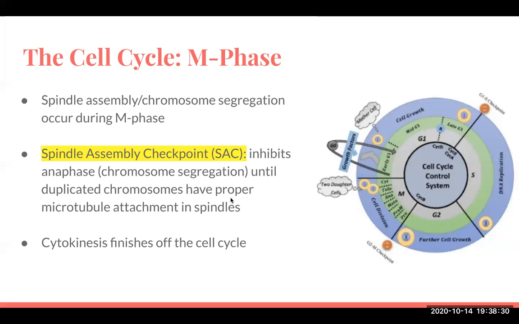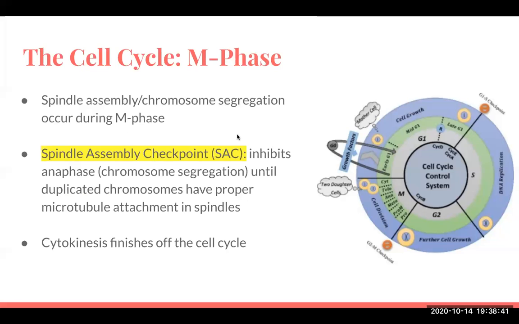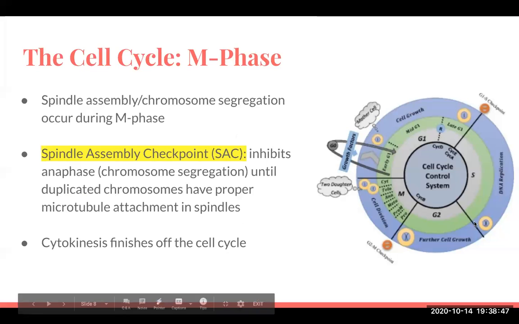Microtubules are going to be important for next week, so make sure you are confident with all your microtubule stuff. Once the cell finishes and passes the checkpoint, it undergoes cytokinesis, which is the splitting of the cell into two.